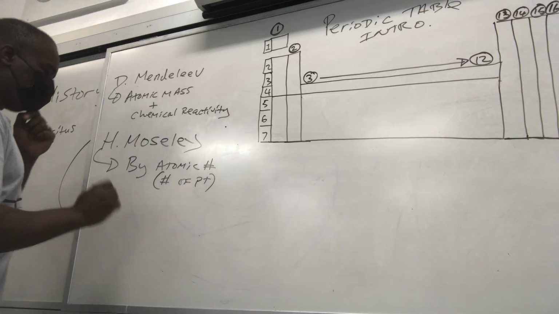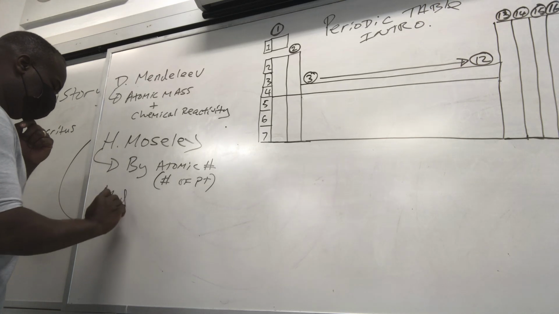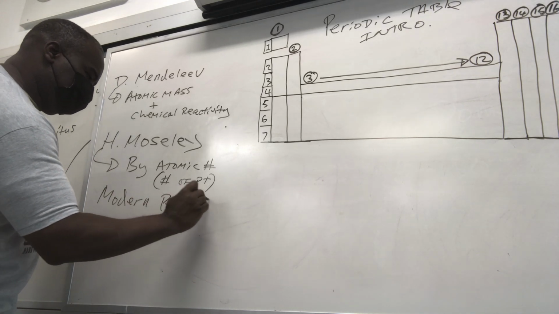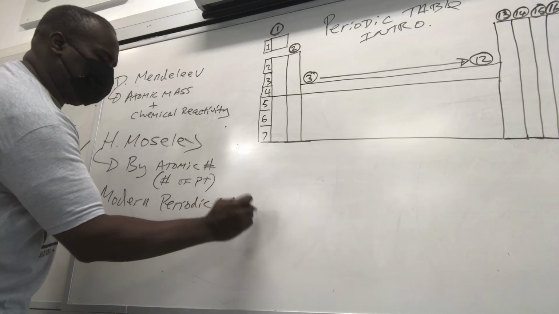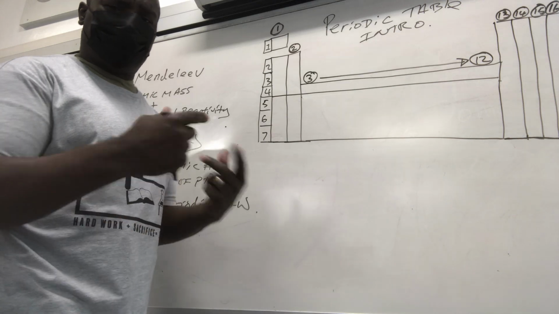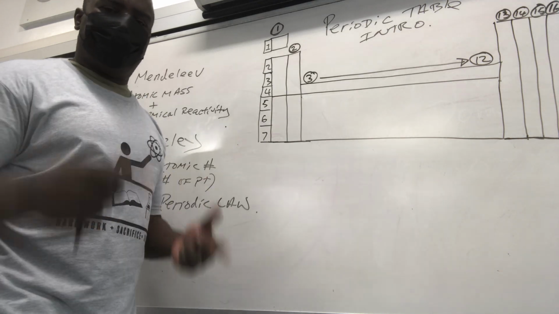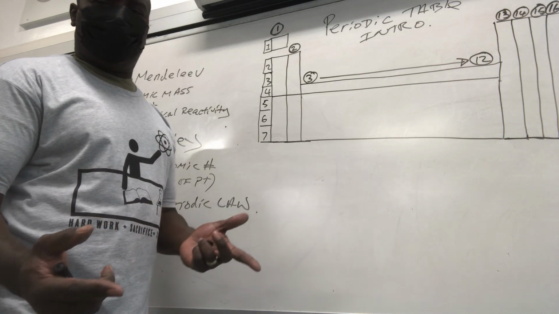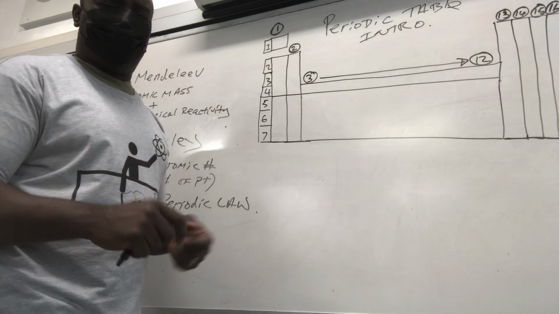And that was known as the modern periodic law. So if they ask you what's the modern periodic law, just say it's the law that states that the periodic table should be arranged by the number of protons. And Mendeleev, called the father of the periodic table, arranged it by mass and chemical reactivity.